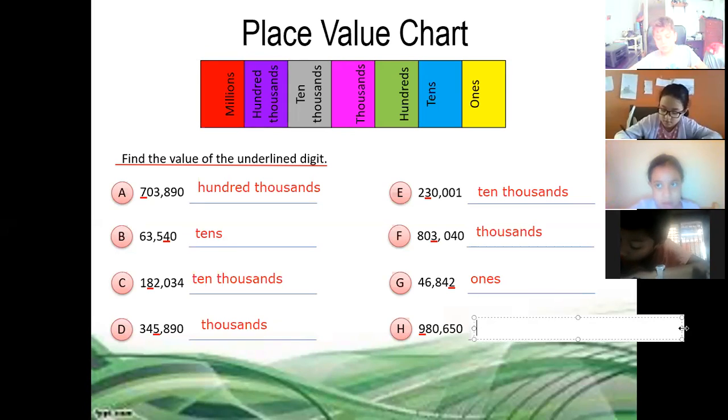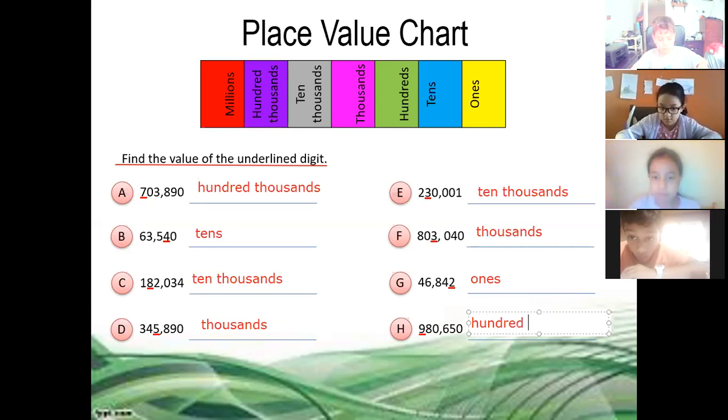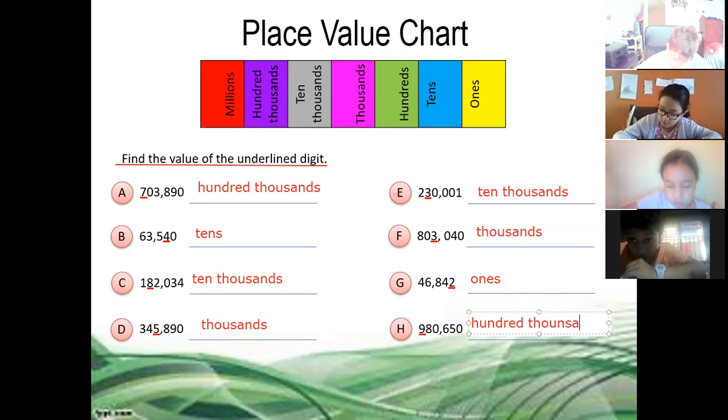Melanie, the last one is 100,000. Yes, it's in the sixth position. Excellent. Remember that you have to copy some of the exercises, not all of them.